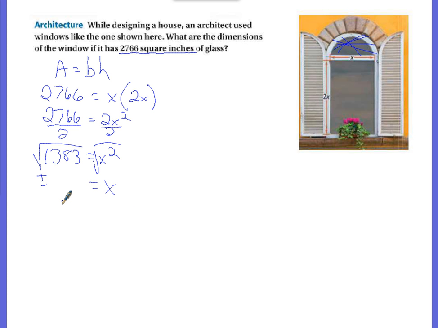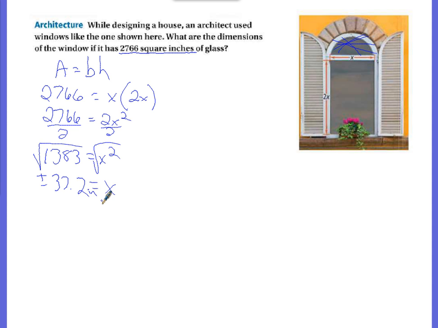You did the hard part, now for the easy part. Just type in square root and then 1383, enter. 37.18. So if I'm rounding to the nearest tenth, then it would be 37.2 what?